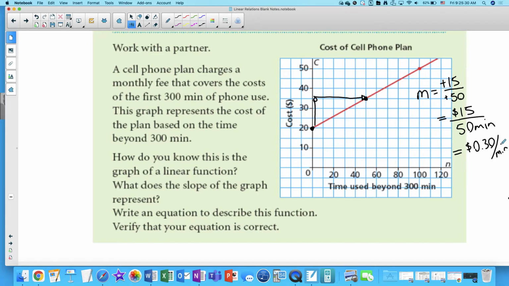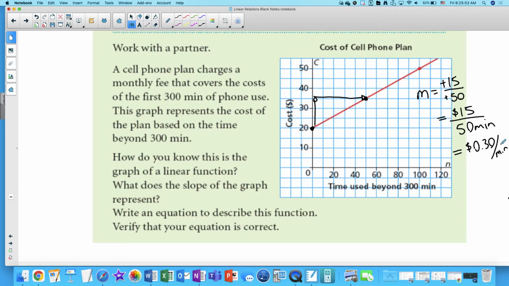It's not like 15 over 50 is wrong, or you could reduce that to 3 over 20, but is it more useful to think of it as 3 over 20 per minute, or sorry, no, 3 over 10. 3 over 10, thank you. Is it more useful to think of it as 3 over 10 dollars per minute or 30 cents per minute, right?